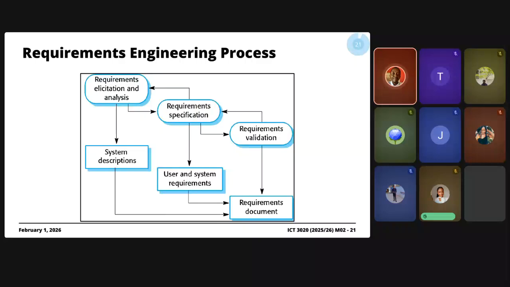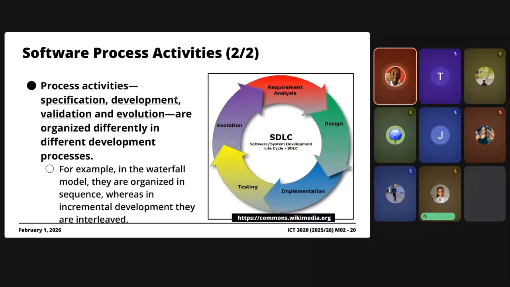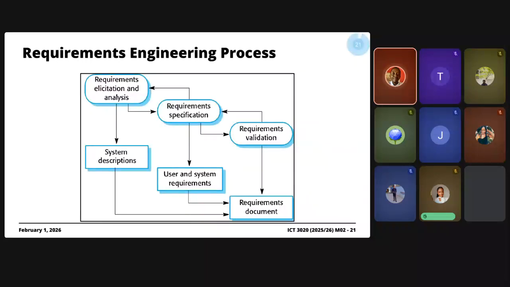But the question to ask is: if we have a lot of activities and we can segment them into the different phases of the SDLC, what exactly happens in the SDLC? Well, the first phase of the SDLC is requirements engineering, or requirements analysis. The current diagram showcases the sequence of events that happen as part of requirements engineering.